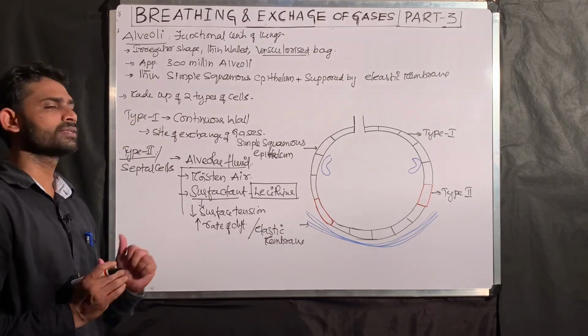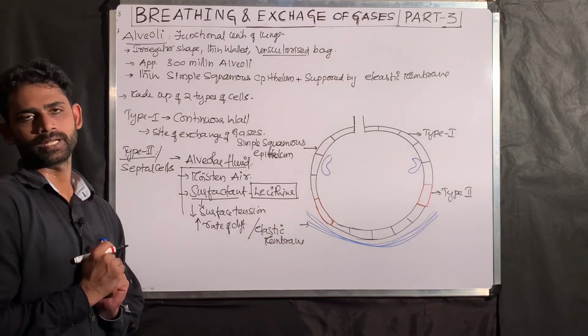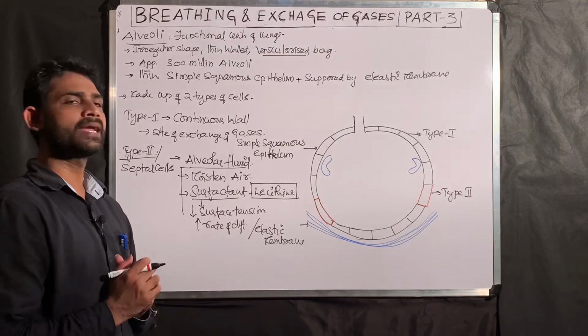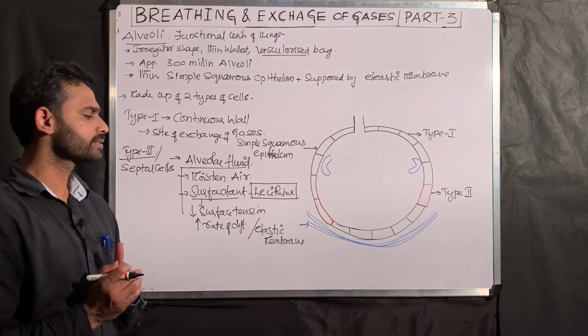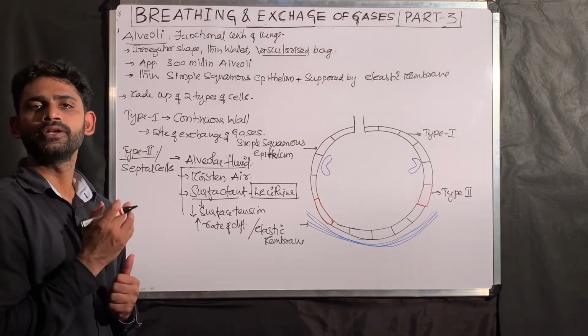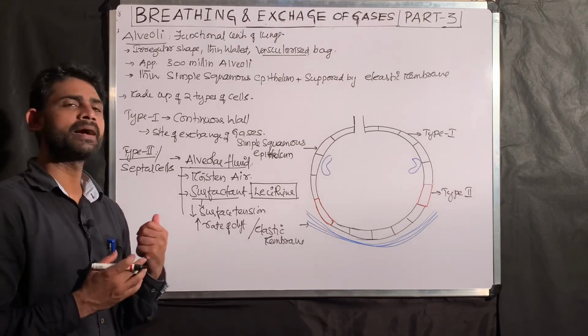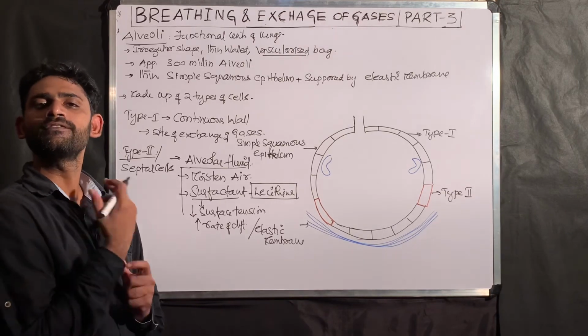That is the importance of the surfactant. Chemically it is lecithin secreted by the type 2 alveolar cells, responsible for reducing the surface tension, thereby increasing the rate of diffusion of gases.